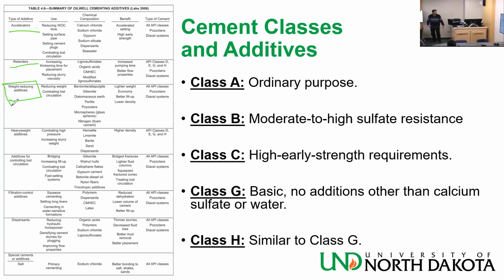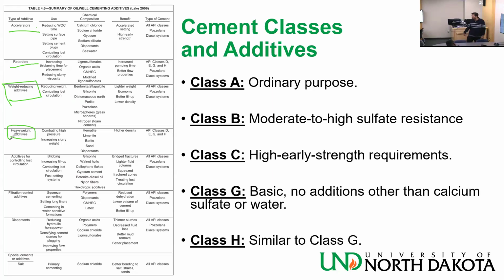You get lower density. Heavyweight additives, if you want to increase the weight, like hematite, this is iron oxide. It's heavy, right? It's very heavy. Ilmenite, barite, which is used in the mud to increase the mud weight, sand, dispersants, etc., etc.